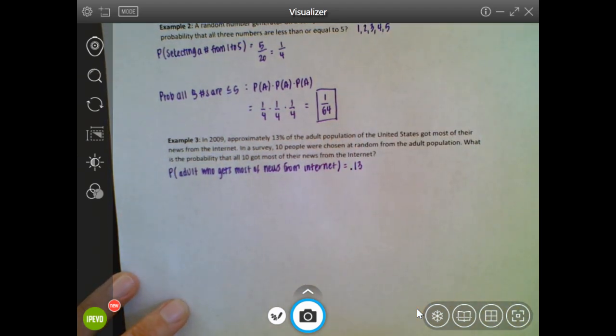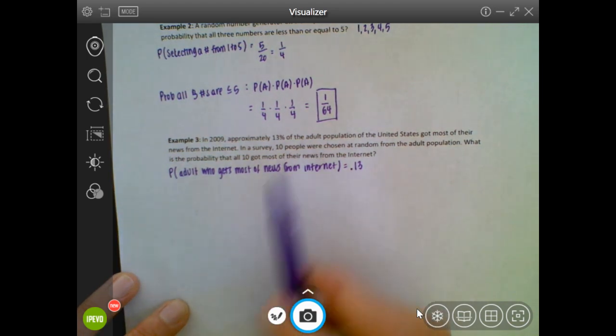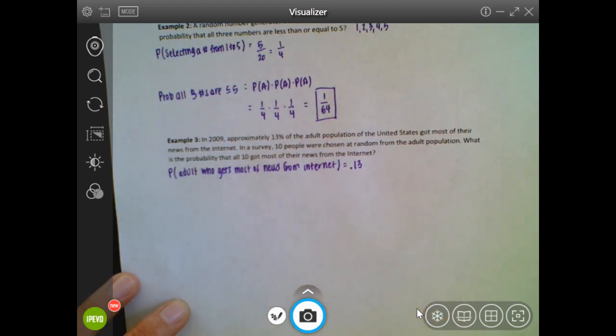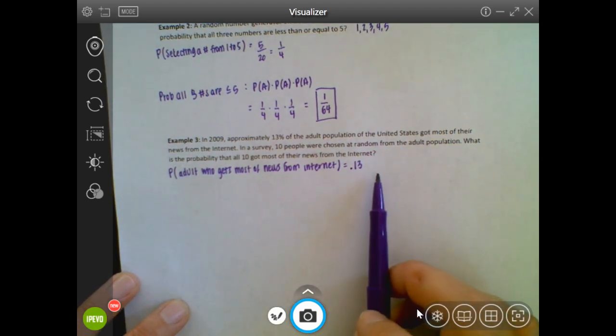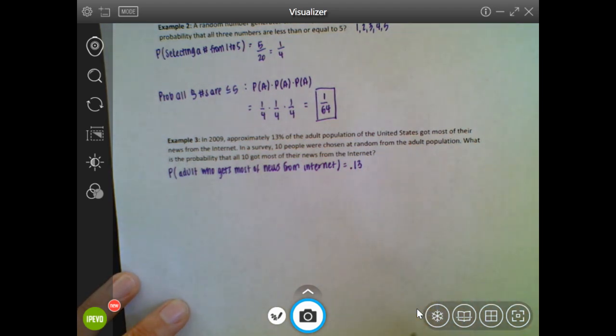It's telling us that in a survey, 10 people were chosen at random from this population. So choosing another adult that got most of their news from the internet would be 0.13, and then choosing another adult after that who got their news from the internet would be 0.13, and so on.